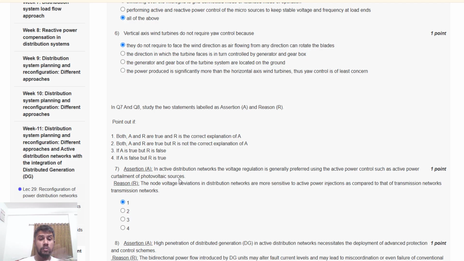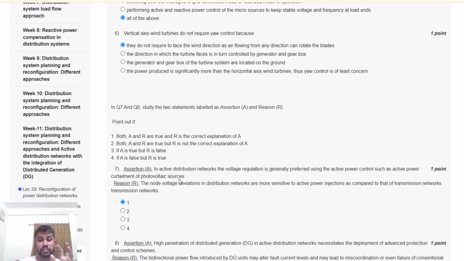If both A and R are true, then R is the correct explanation of A. Second, both A and R are true, but R is not the correct explanation of A. If A is true but R is false, if A is false and R is true, so these are the options that we have to choose the correct option from.